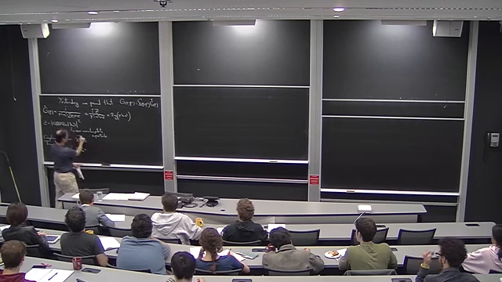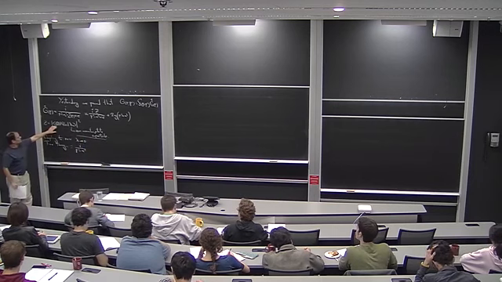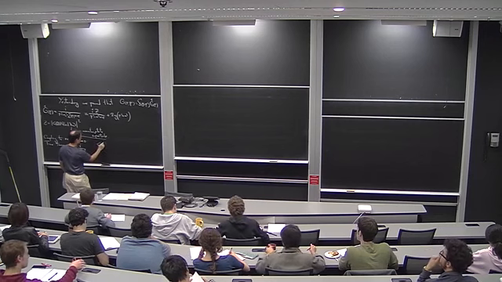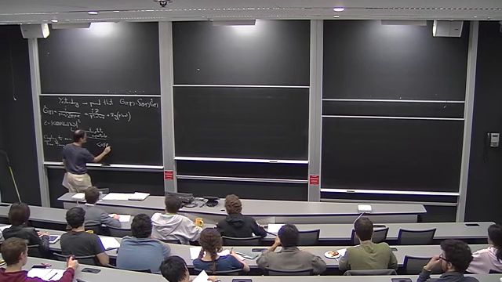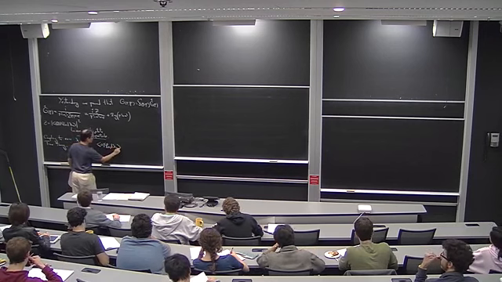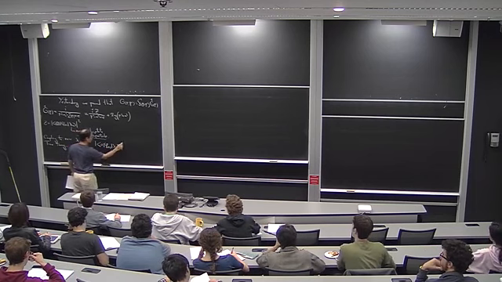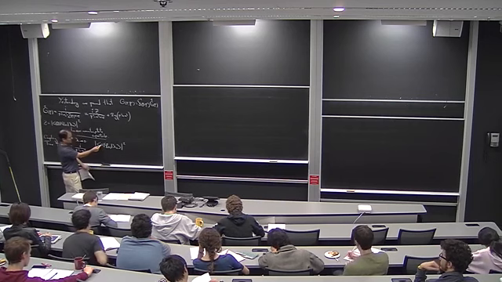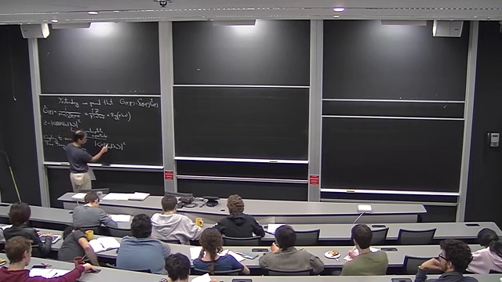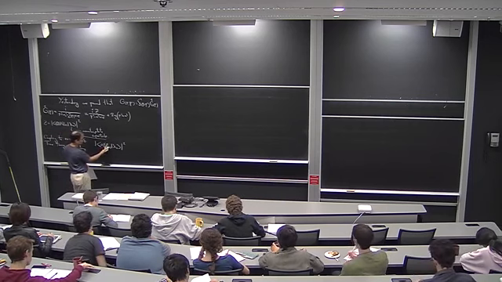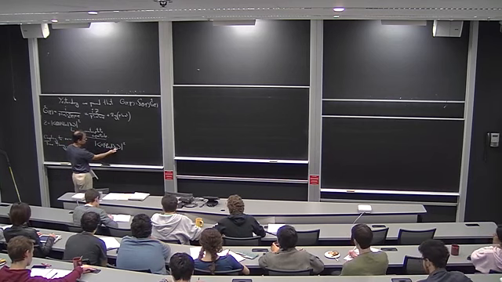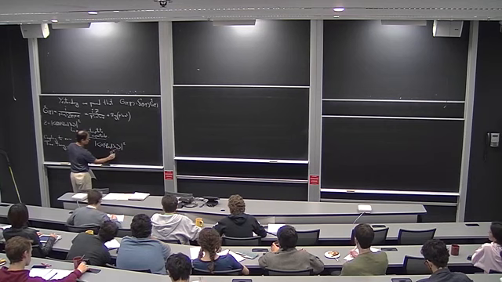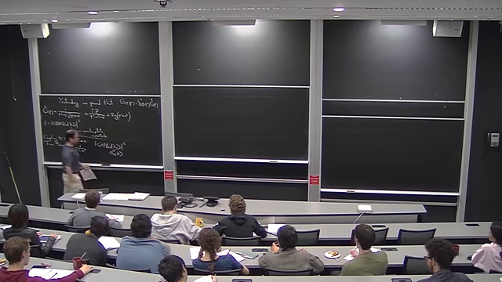Well, in the free theory case, let's look at what happens to this guy. So in the free theory limit, we have to compute this. But what is this? Well, this is just a regular vacuum of the free theory. This will be the free theory field evaluated at position 0, and this will be the state created by this operator.